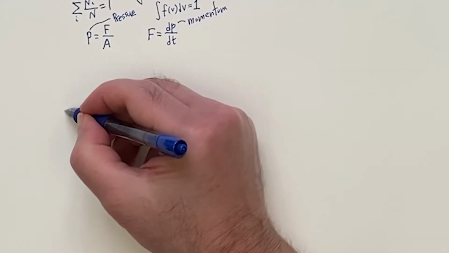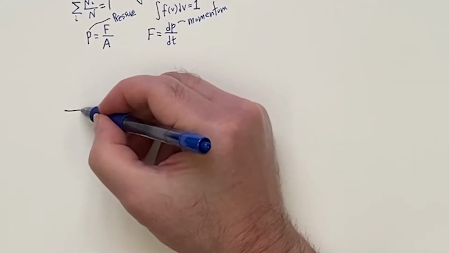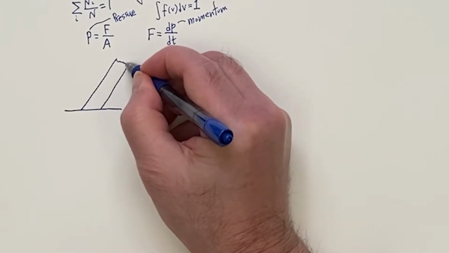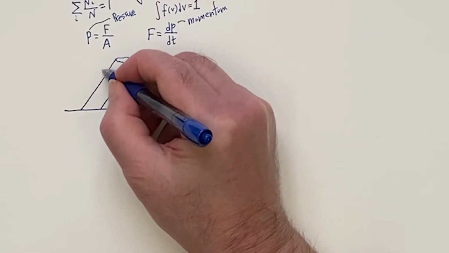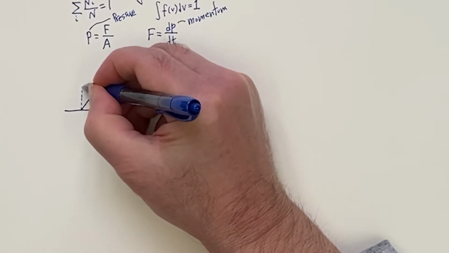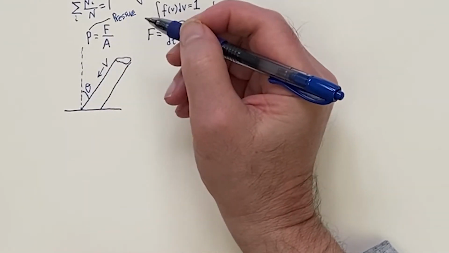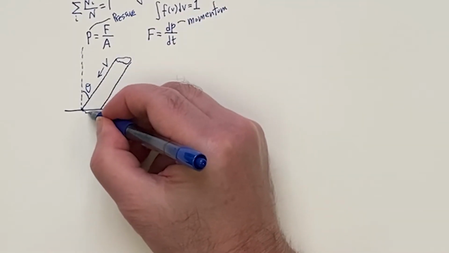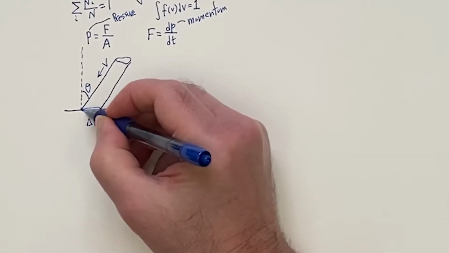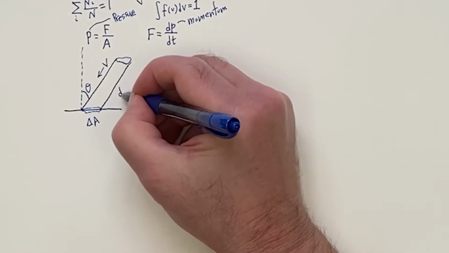Now we're going to consider particles hitting the floor of a room, and I'm going to look at particles that have a certain speed, velocity, say v, coming in at this angle theta with respect to the vertical. And here we could just say this is a little delta A, delta area down there at the floor, and we'll say this is a dl.